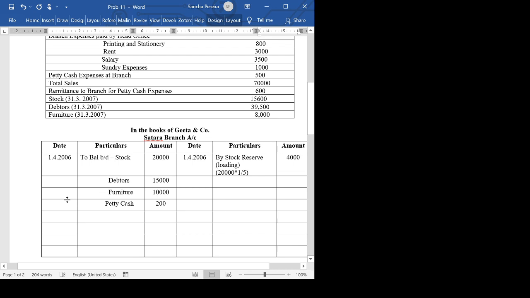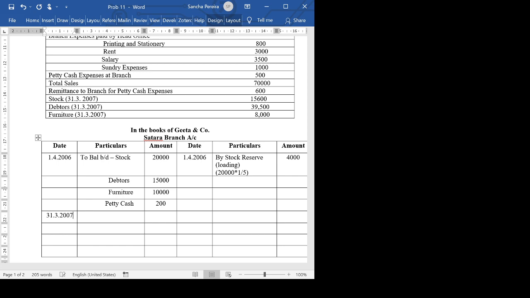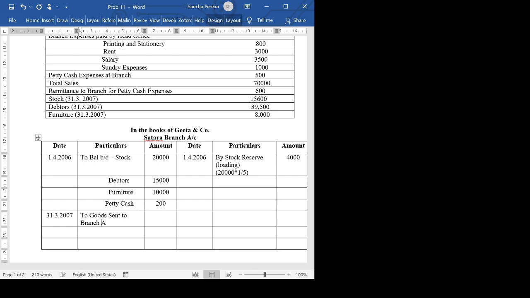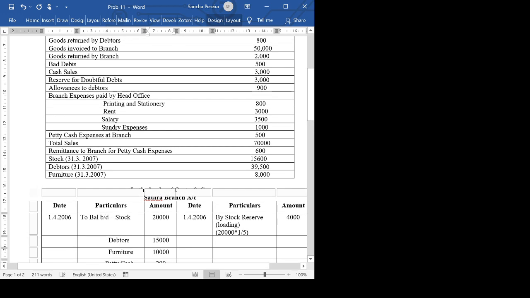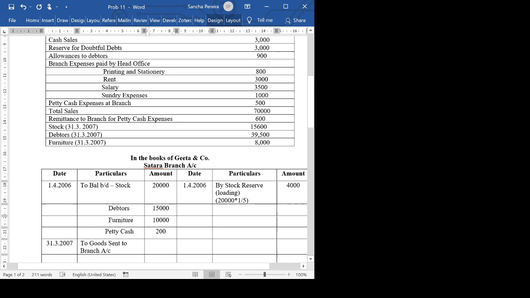To goods sent to branch account as on 31st March 2007, which is 50,000.